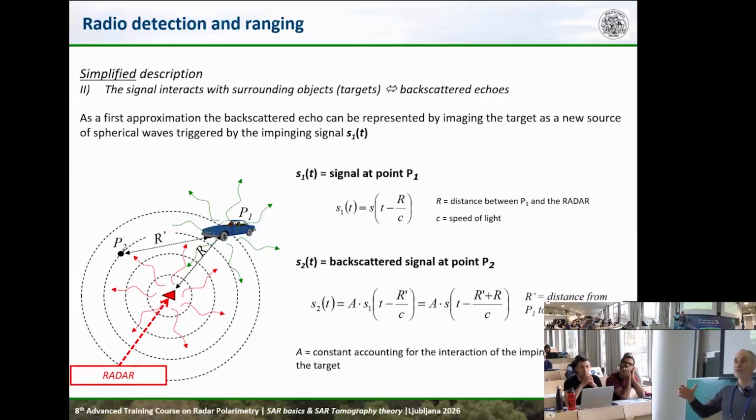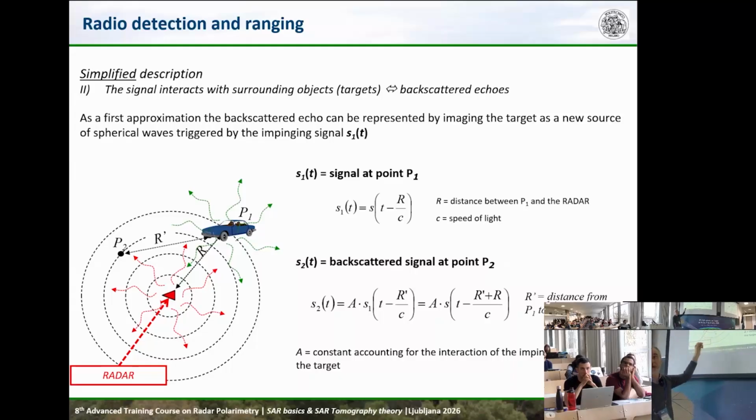Again, for today, let's just imagine that those waves are circular, so they go everywhere. And let's say that I want to characterize the signal that I measure at point P2. It will be given by the signal produced by the car, S1, simply delayed by the time it takes the wave to pass from the car to position P2.